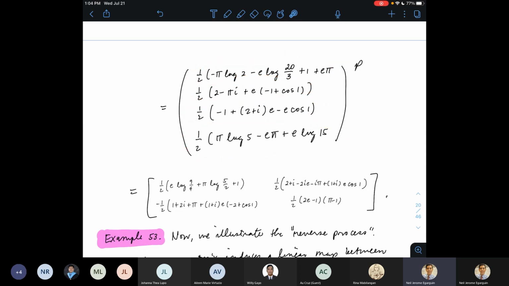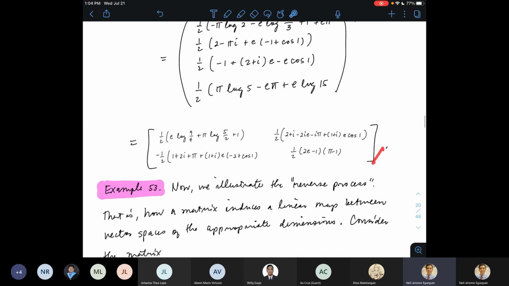I'll add those four matrices up, then I will get this guy. Okay. Now, it would be a good exercise to compare this with what you would have gotten if you used equation 58 in order to evaluate L of V.